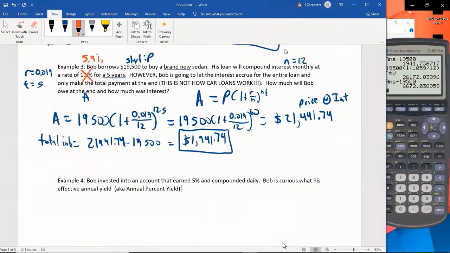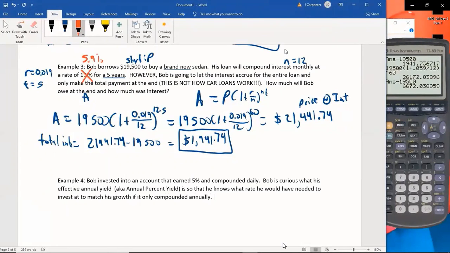So Bob is curious as to what his effective annual yield would have been, that he knows what rate he would have needed to invest at to match his growth if it only compounded annually.